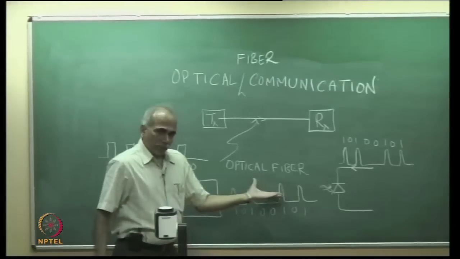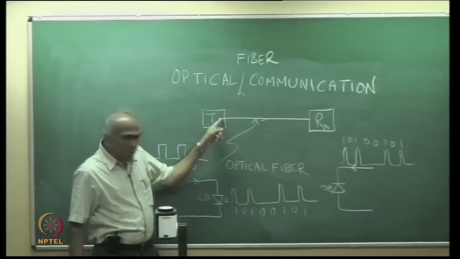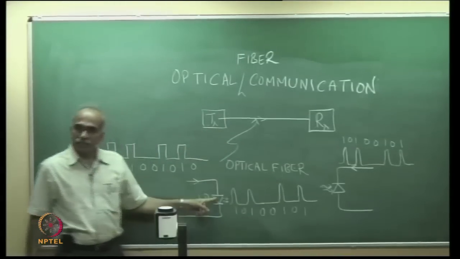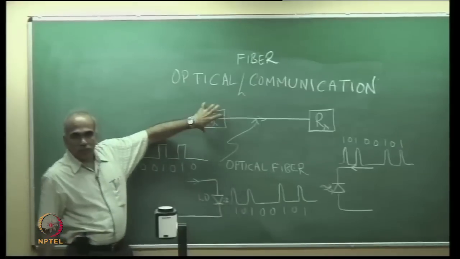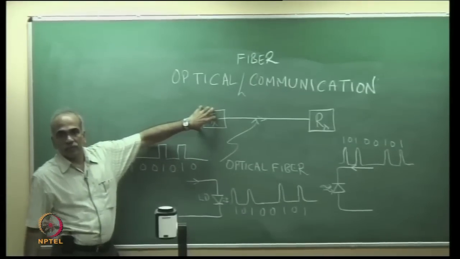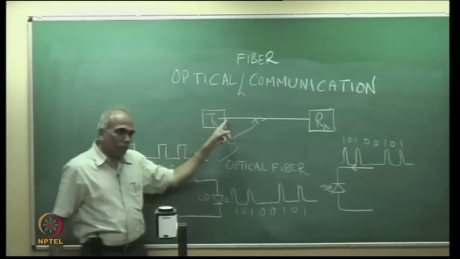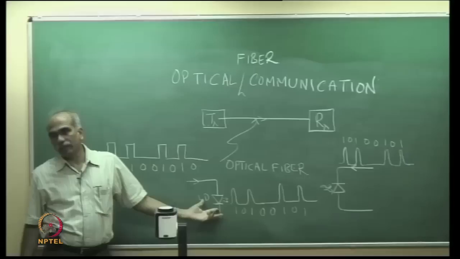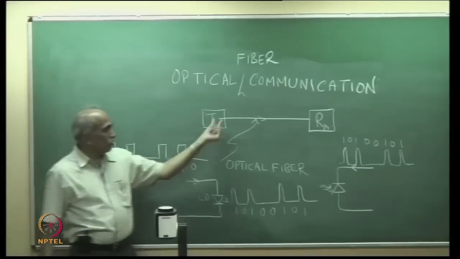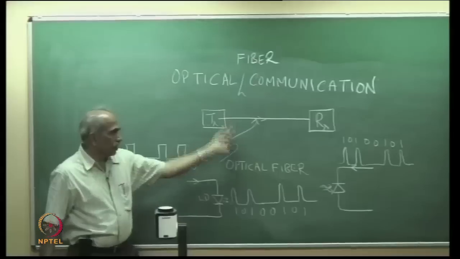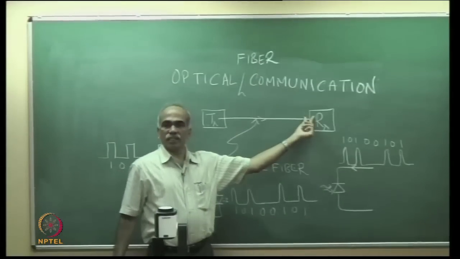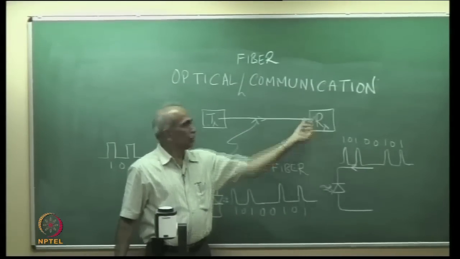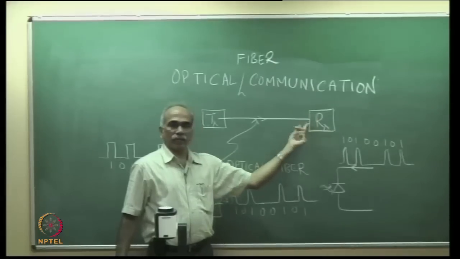So what is the point? The last component in the transmitter is a laser diode. It has electronics, it has modulators, and the last component is a laser diode, which is an optoelectronic device. The first component in the receiver is a photodetector, which is also an optoelectronic device.